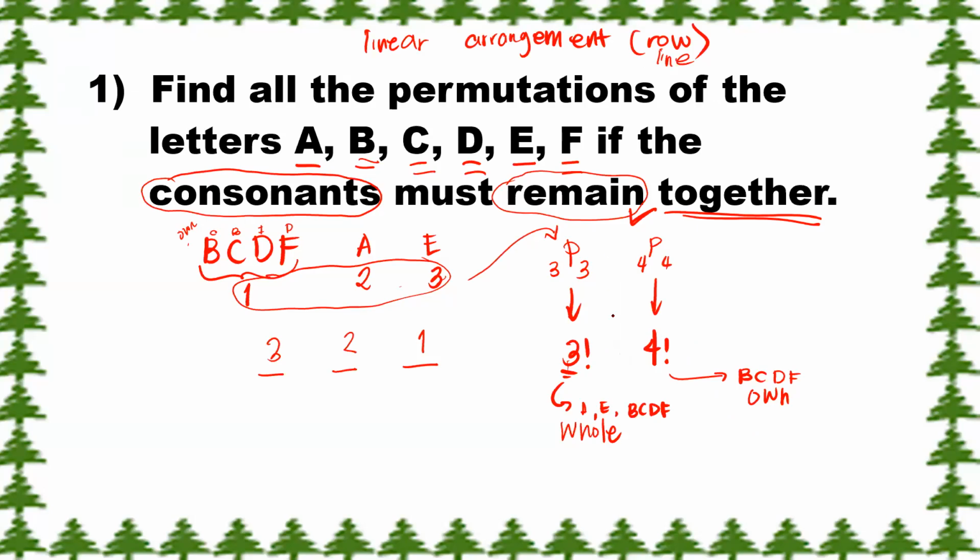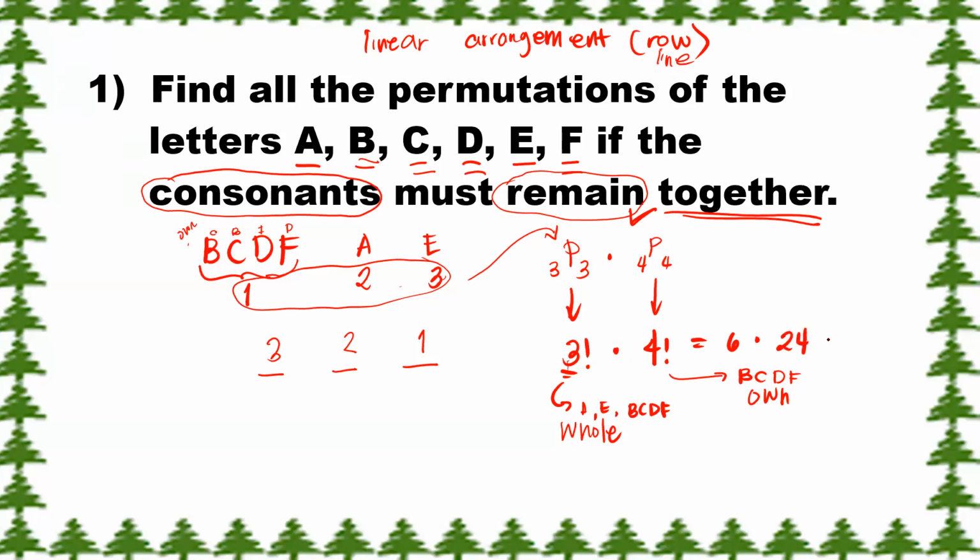So what is 3 factorial here? 3 factorial is 6. 6 times 4 factorial is 24 po.